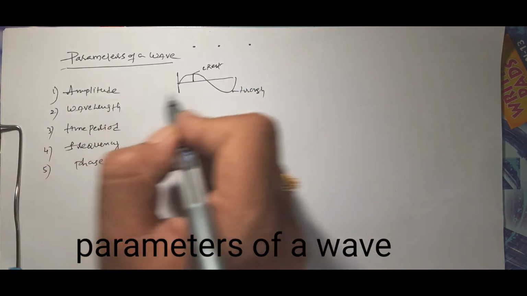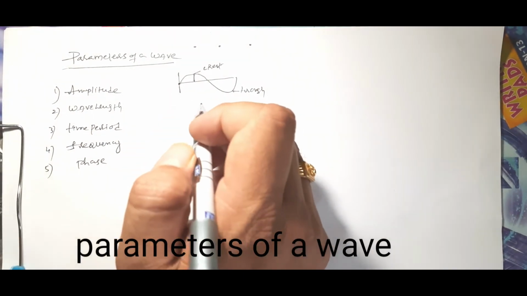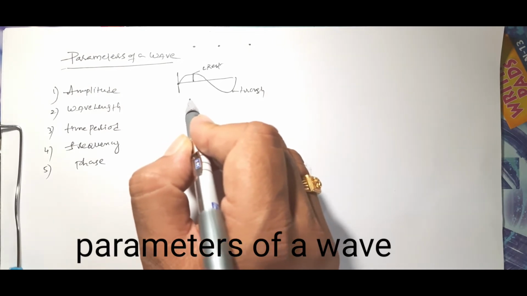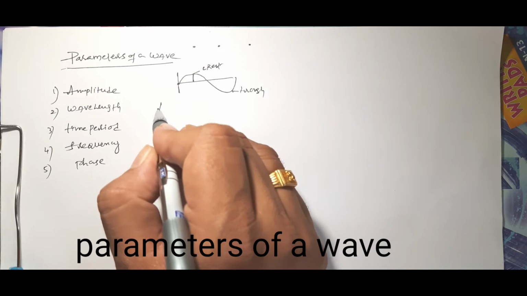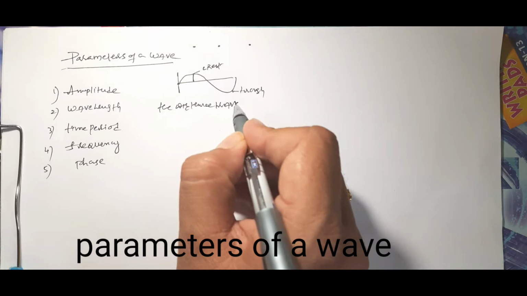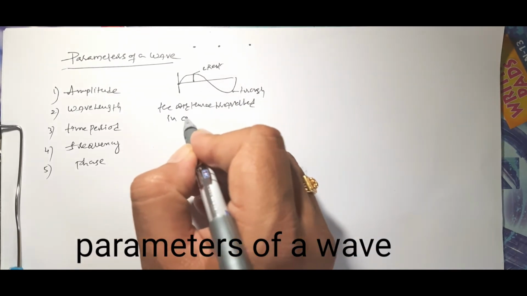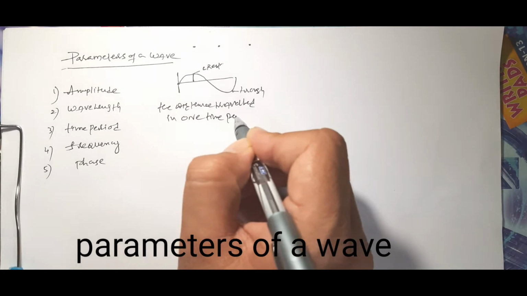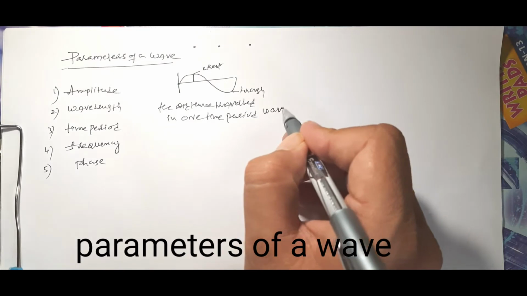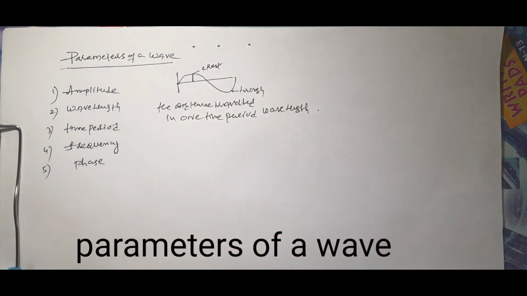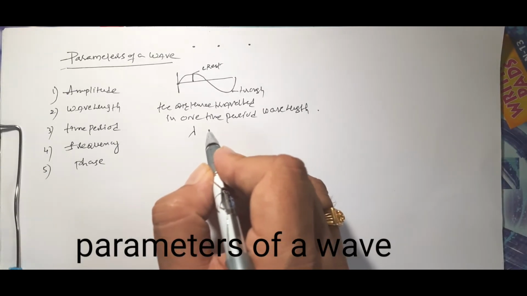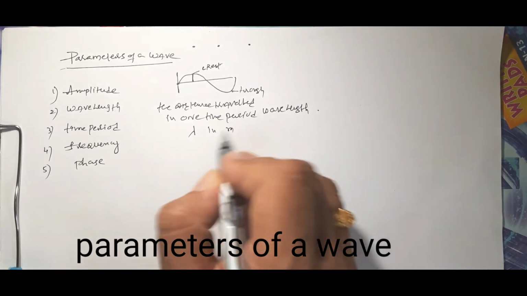Wavelength: the distance traveled by the light wave in one time period is called wavelength. It is denoted as lambda, and it is measured in meters or centimeters.